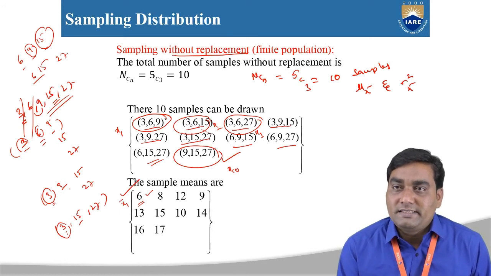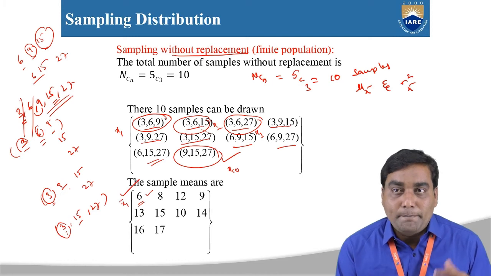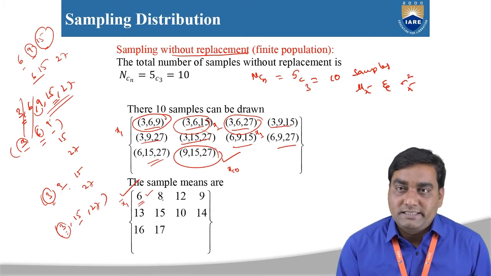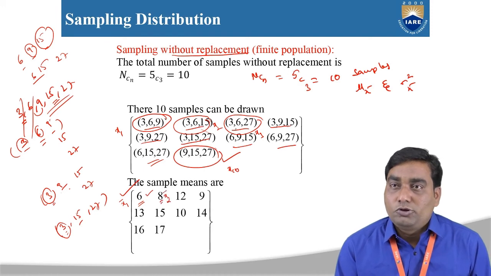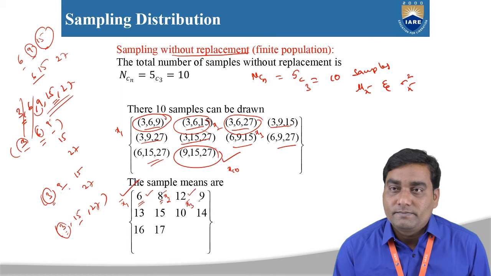Now coming to the second sample 3, 6, 15, its mean is 8, the second sample mean x2 bar. Now the third sample 3, 6, 27: 36 by 3 is 12, the third sample mean. This is the fourth sample mean.